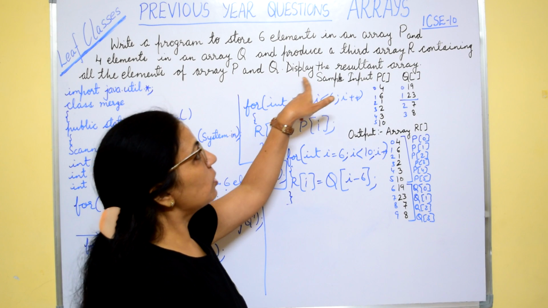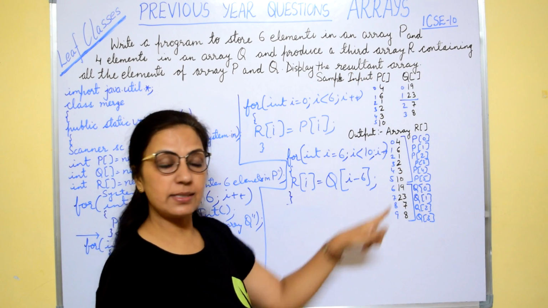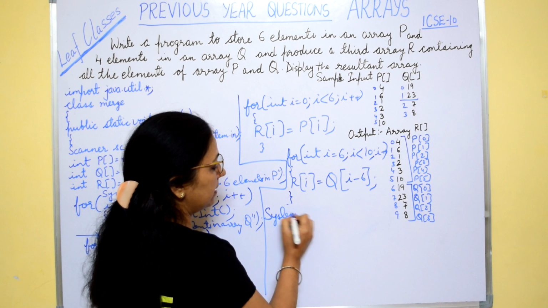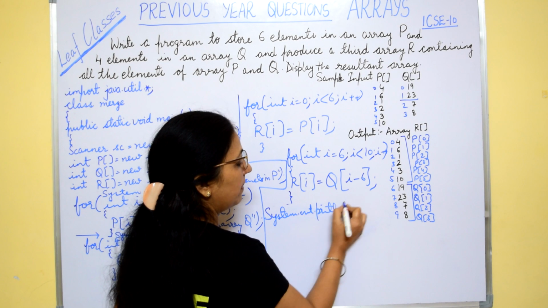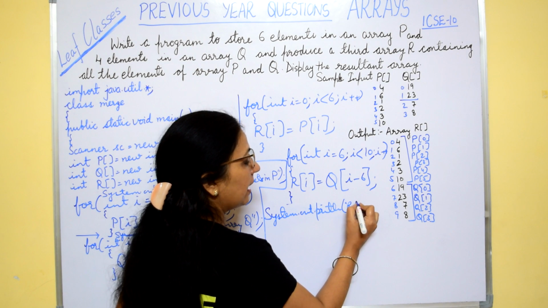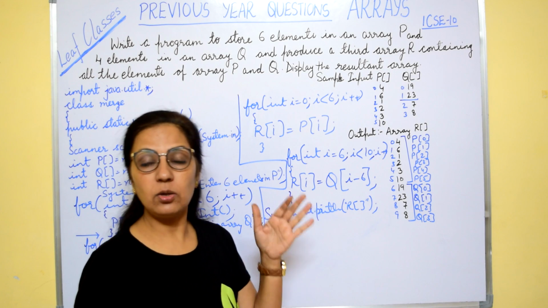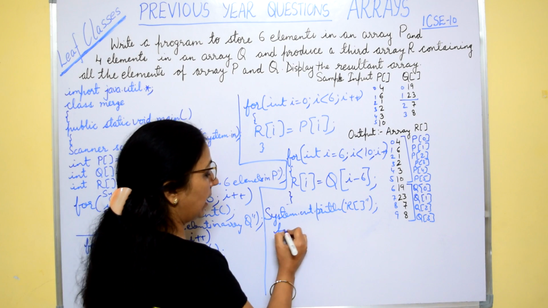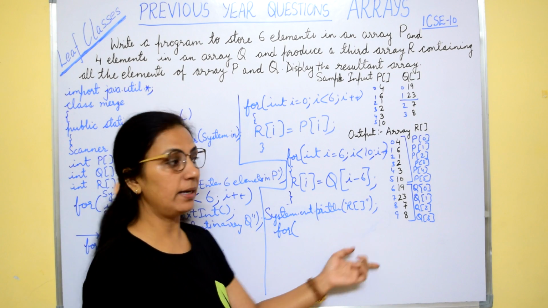Now as per the question we have to display the resultant array. Array R is the resultant array. So we will be printing the message here with System.out.println. You can give the message "resultant array" or "array R", something like this, that makes the user understand what it is, right? So here again we will take the loop on array R. How many elements are there? 10 elements.